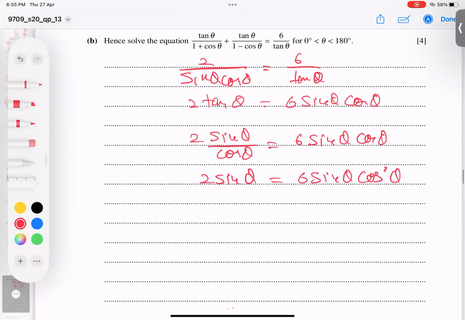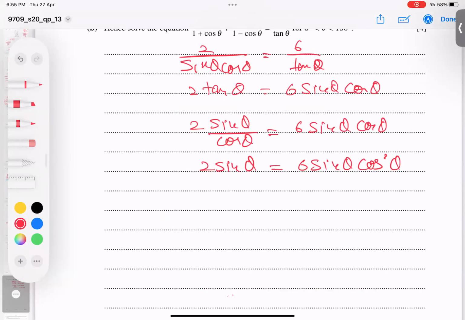Okay. Afterwards, what is the next plan, students? You can do one thing. There are 2 techniques, but better to bring it down here. So 2 sine theta over 6 sine theta. Here cos square is left. And this fully cancels out.